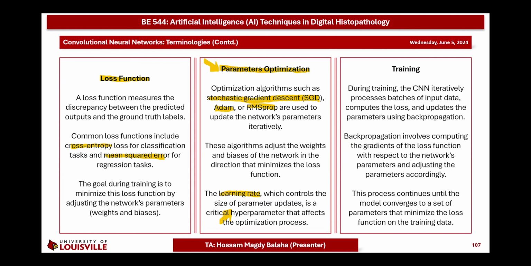But for the parameters, the tuning is done internally during the training process in something called backpropagation. So backpropagation involves computing the gradients of the loss function with respect to the network's parameters and then adjusts the parameters accordingly.